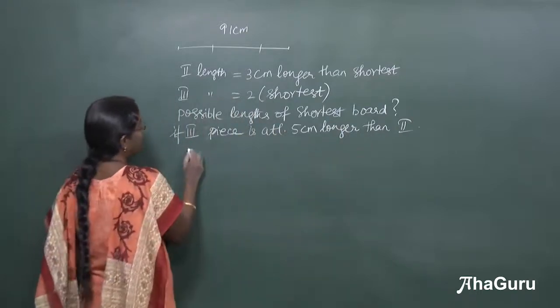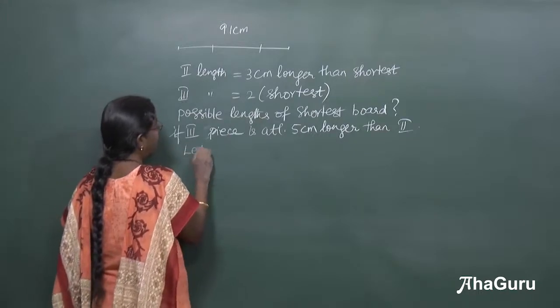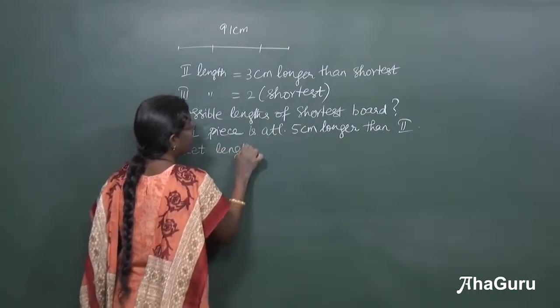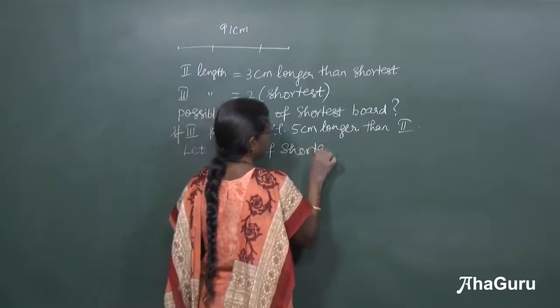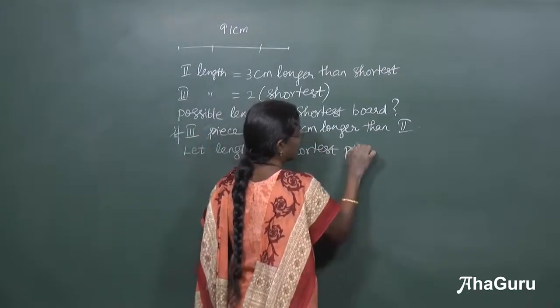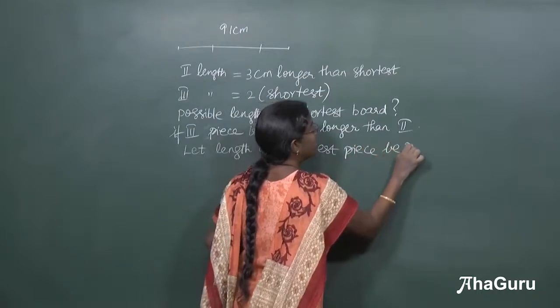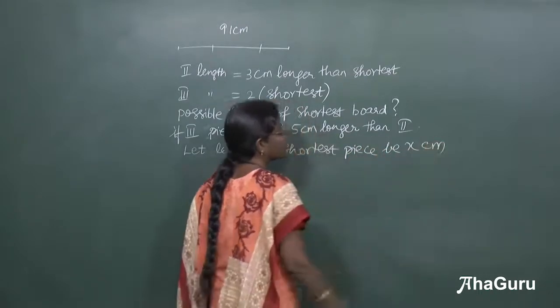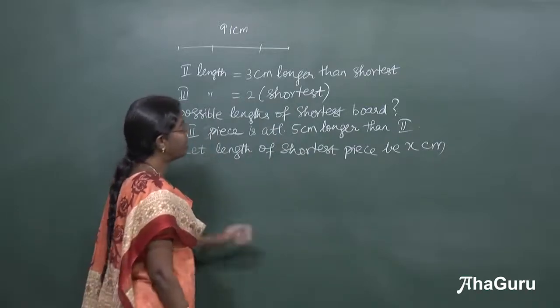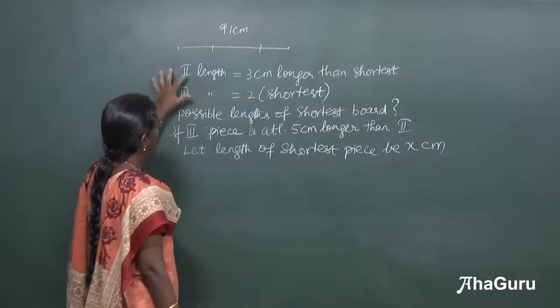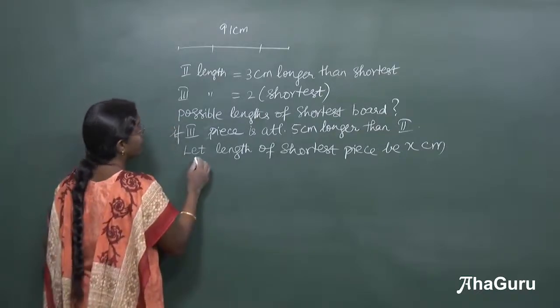Now, what we will do is, we will consider the length of the shortest piece to be some x centimeter. Now, what is the second length given?